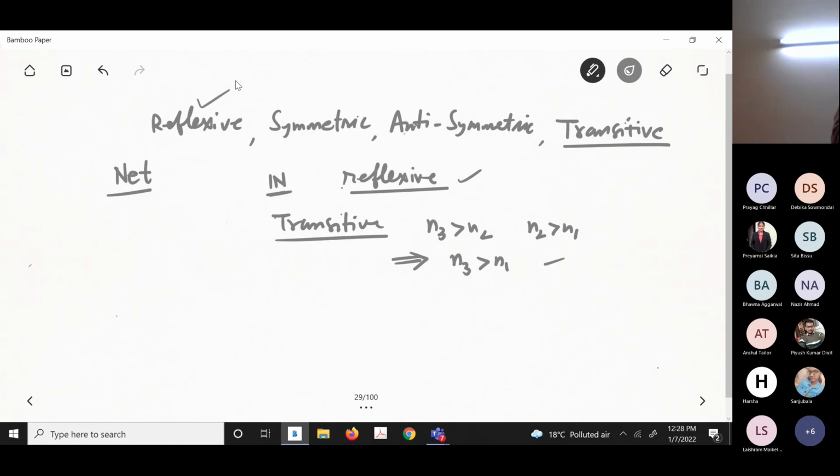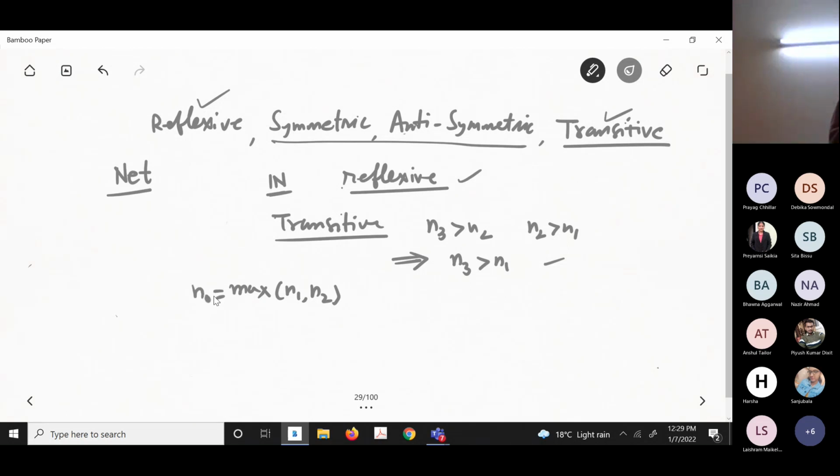This one, this actually you didn't use. You can check that none of them you have used. Actually, it won't be symmetric, it will be anti-symmetric. If n2 greater than or equal to n1 and n1 greater than or equal to n2, then they are equal. But this one won't be neither symmetric nor anti-symmetric. But you have used another thing often while manipulating. What is that? Look, given this, you always use: let n0 equal max of n1, n2.